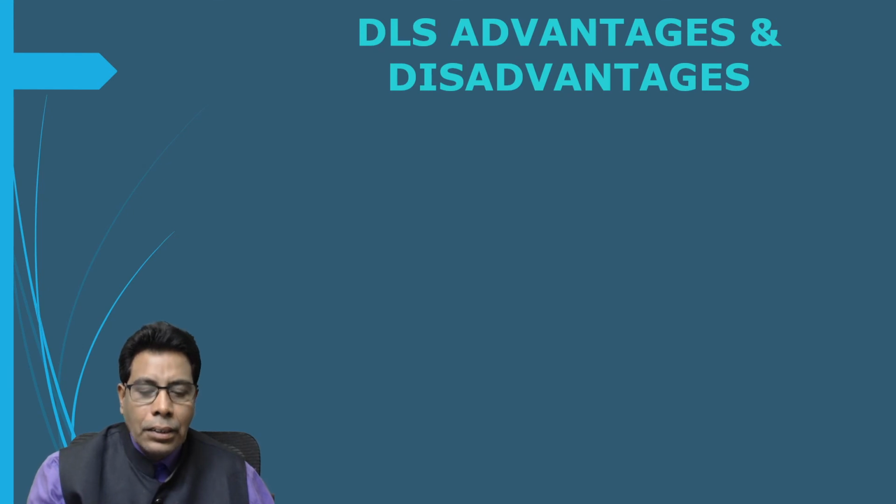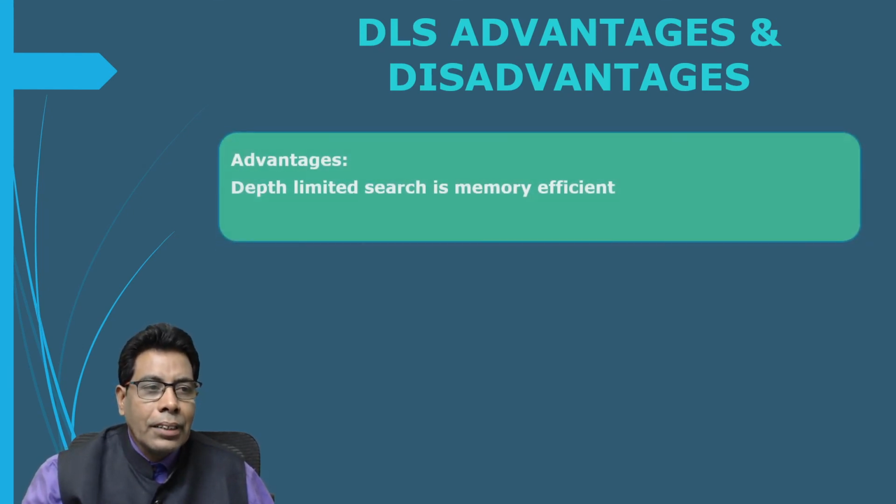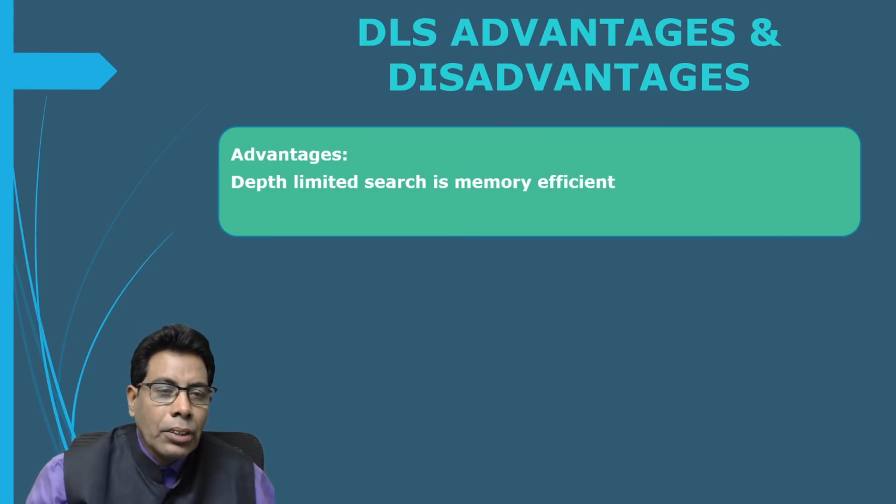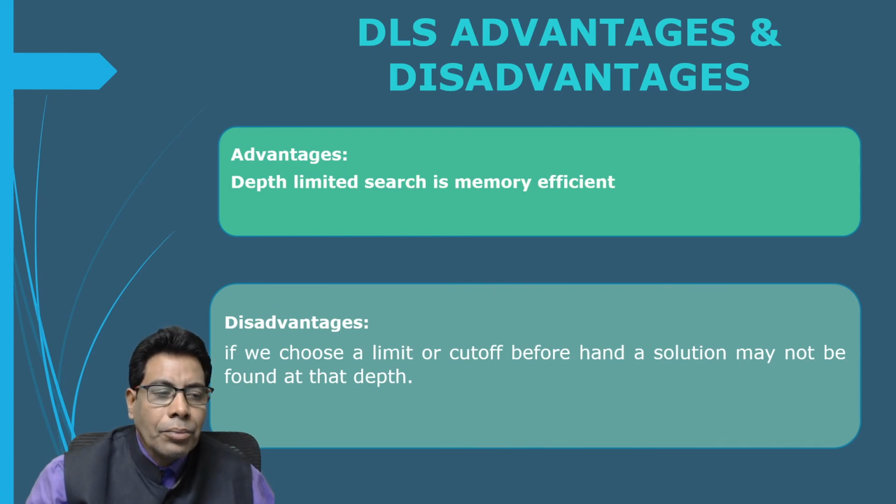Let us discuss the DLS advantages and disadvantages. First, the advantages. The depth limited search is memory efficient. It requires less memory because we have put the limit on the depth. Then the disadvantage. If we choose a limit or cutoff beforehand, a solution may not be found at that depth.